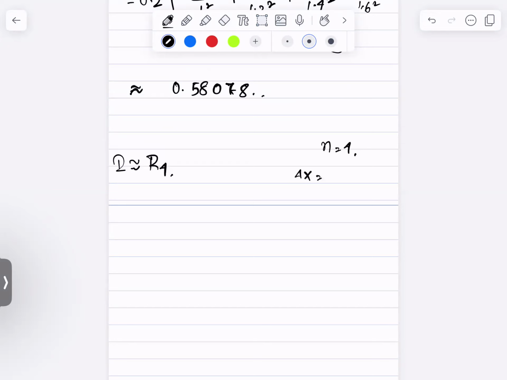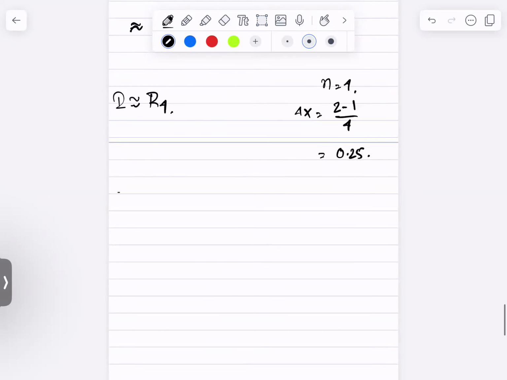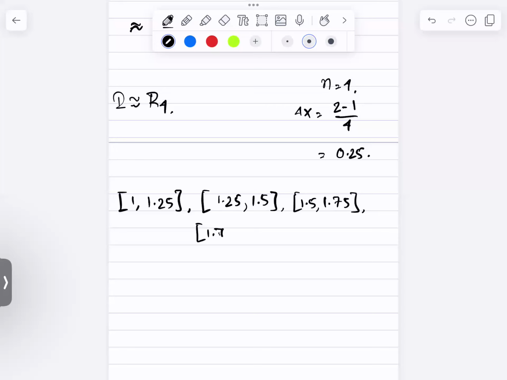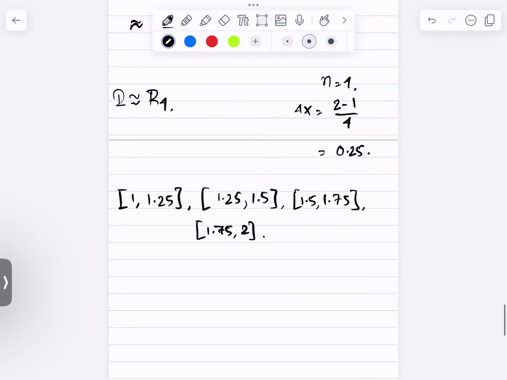So delta x should be 2 minus 1 over 4, which is 0.25. So now my intervals look like 1 to 1.25, 1.25 to 1.5, 1.5 to 1.75, and then 1.75 to 2. N is 4, so 4 equal subintervals there.